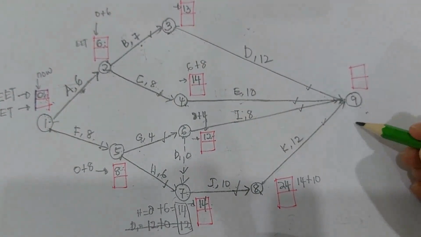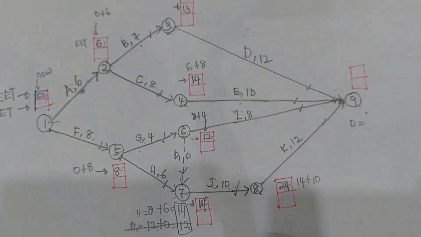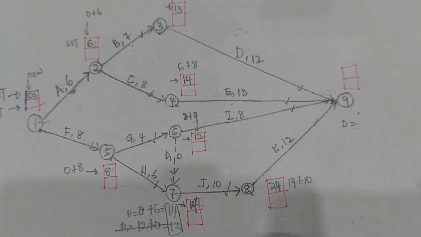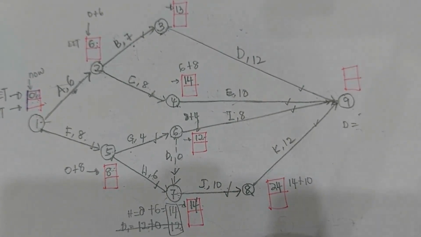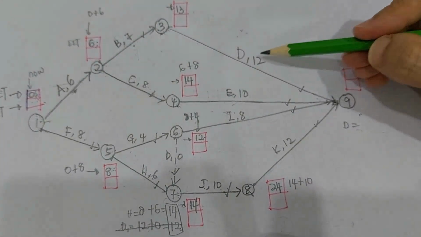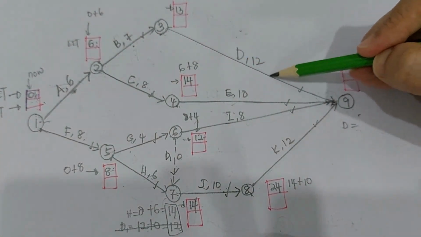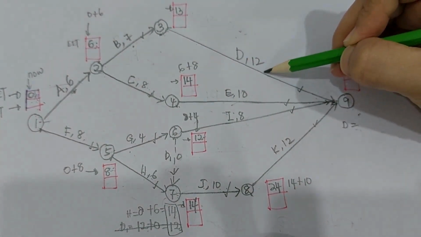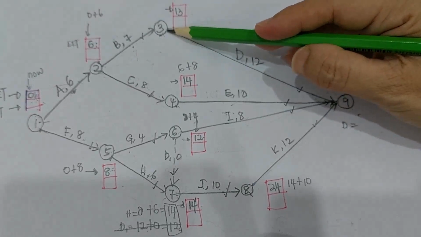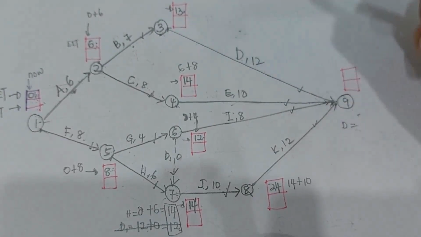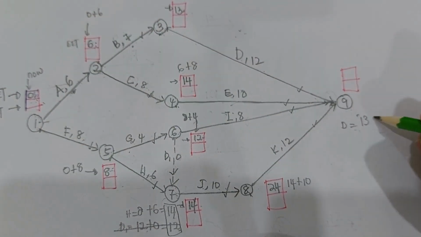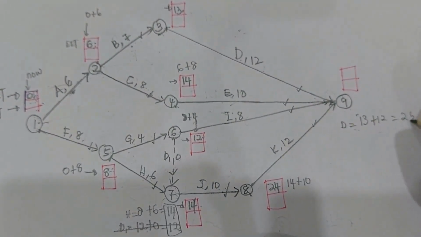We take D first. What is the possible EET for D? D is this line, so we take the previous EET for D. It comes from this event, so the previous EET is 13. Plus the duration for D, which is 12. So it is 25 weeks.